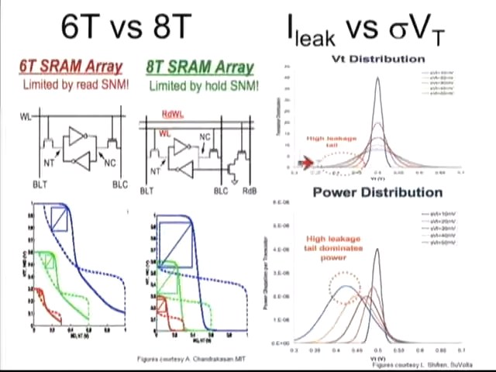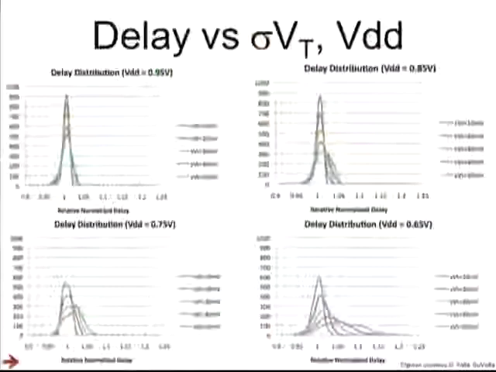On the right, I have some graphs which basically show the effect of sigma VT on leakage current for an SRAM. So for a Gaussian distribution of VTs that range from a sigma of 10 to 50 millivolts, we see that the power of the SRAM is dominated by basically the minus 2 sigma VT because of the exponential effect with leakage and VT.